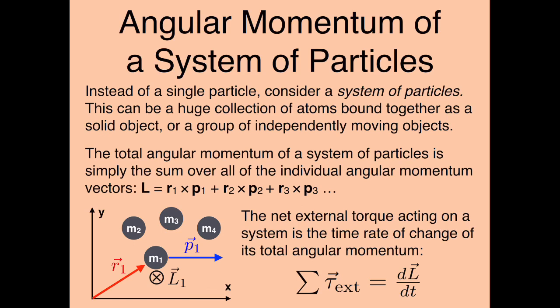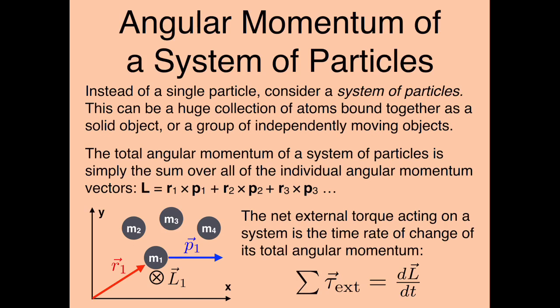So again, the basic picture is you have a bunch of different particles. Each one has a position r and a linear momentum p. If you take r cross p, you'll get the angular momentum L of that particle. And if you do that for all the different particles and then add the results together, that's the total angular momentum of the system.